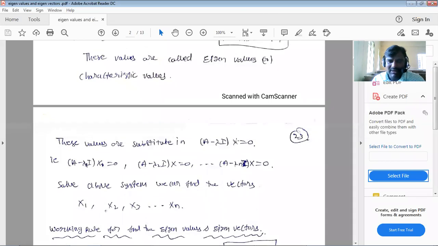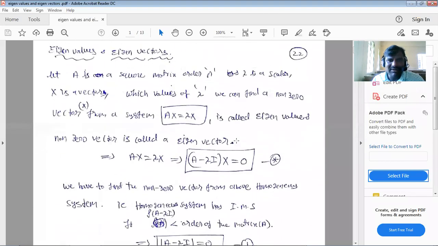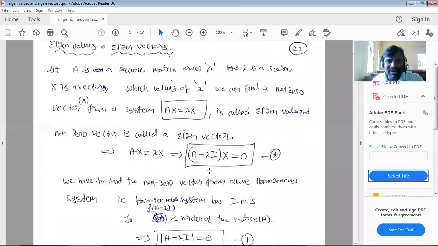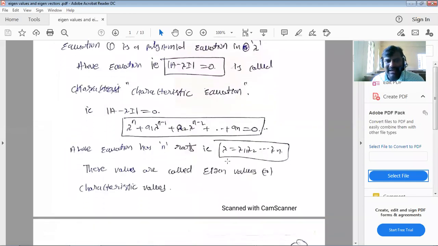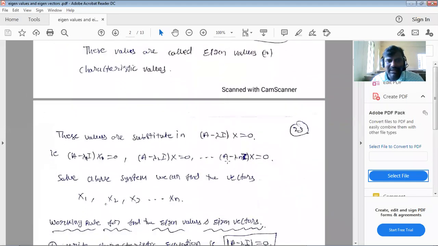What does the definition say? For what values of lambda can you find a non-zero vector x from this equation? That is called an eigenvector. Lambda values are known, so substitute lambda and I can find x by solving the system (A minus lambda I) x equal to 0.